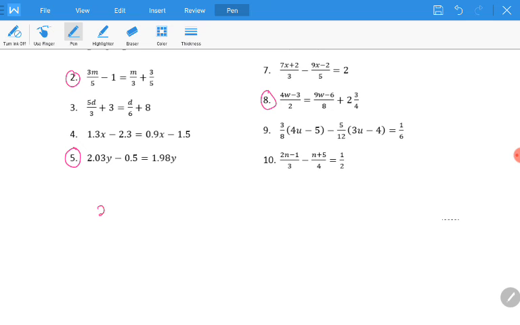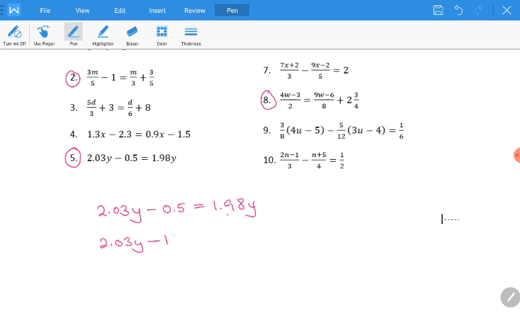Question number 5 is saying 2.03y minus 0.5 is equals to 1.98y. Here is the same logic. So we will write 2.03y, then this 1.98y is going to come to the left hand side and it's going to be negative.